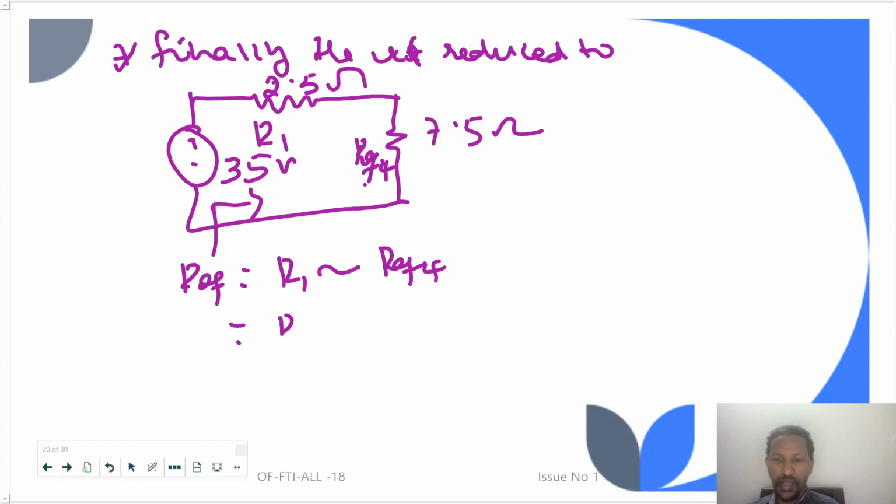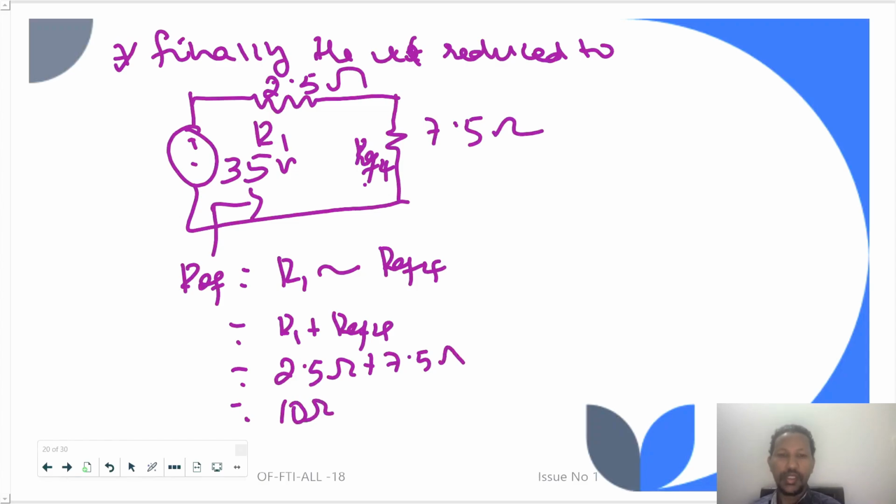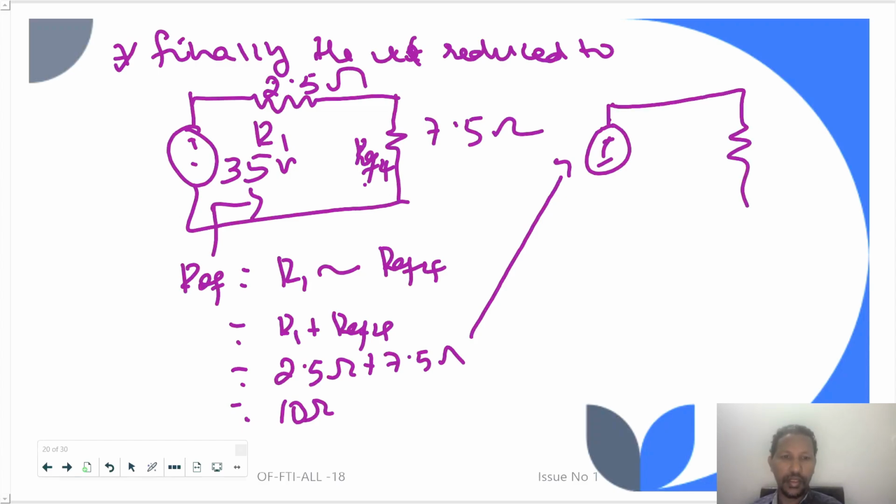R1 plus R equivalent 4, 2.5 ohm plus 7.5 ohm, which is totally 10 ohm. Finally, the circuit consists of a voltage source and a single resistor.